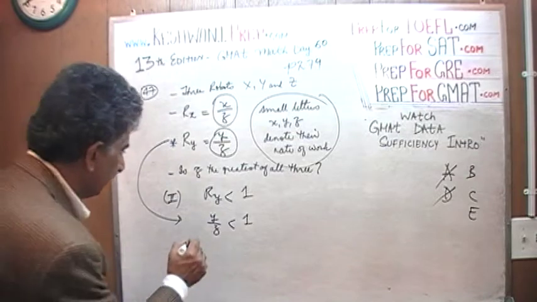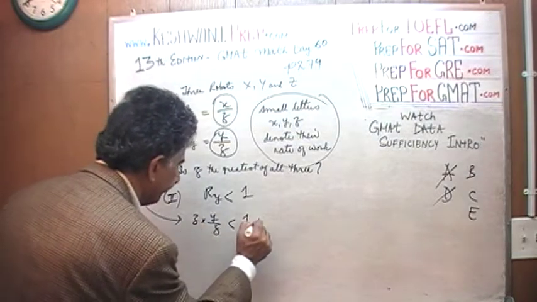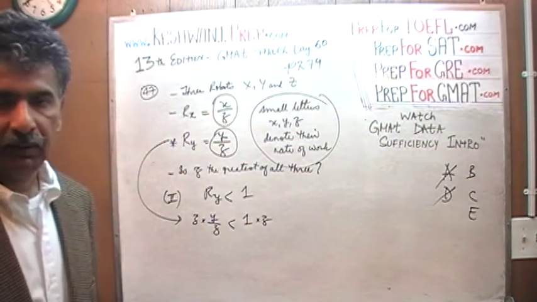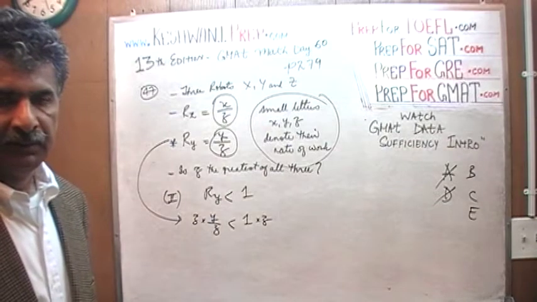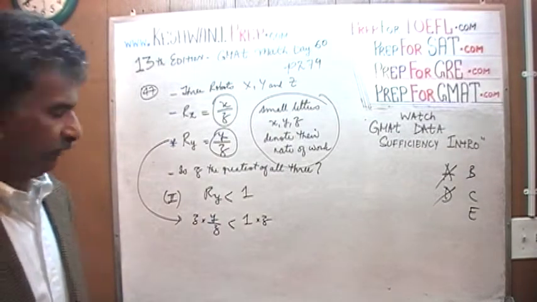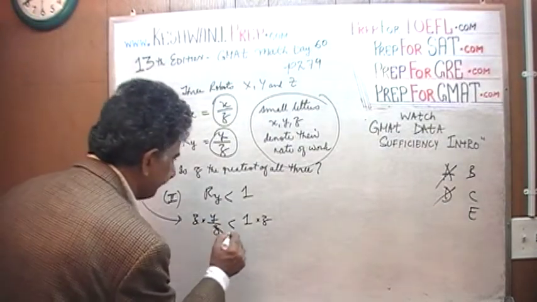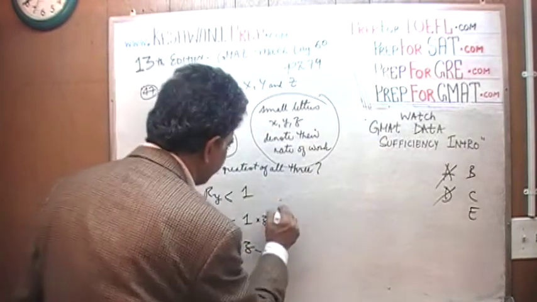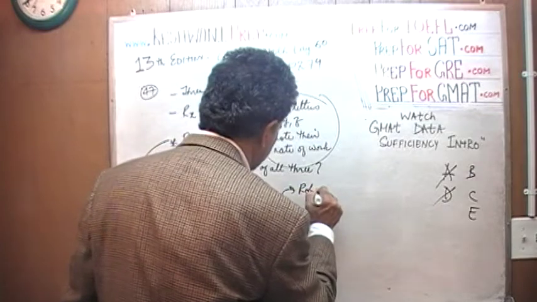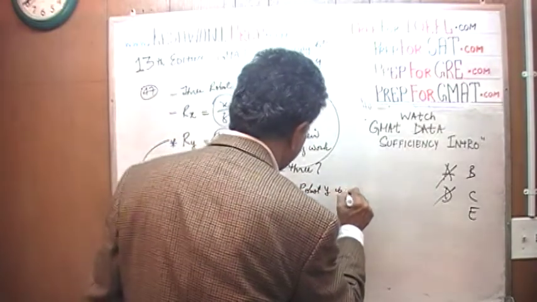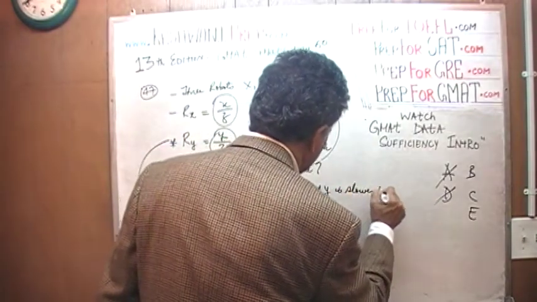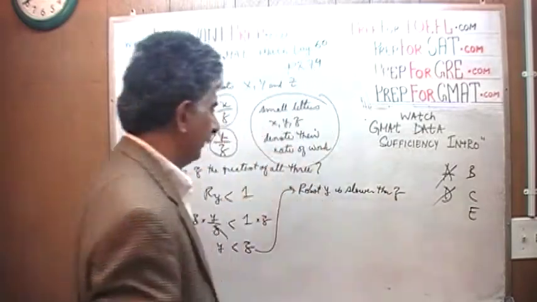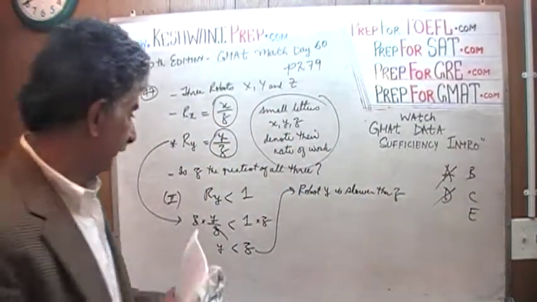Again we can multiply both sides by Z without having to worry about flipping the inequality, because Z is positive. Therefore this tells us that Y is less than Z. In other words, robot Y is slower than Z.